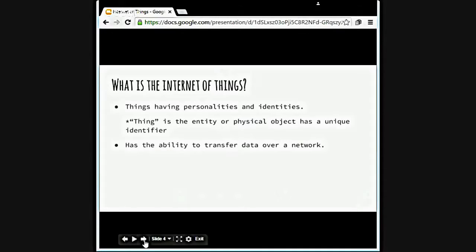Continuing, things having personalities and identities, like things able to communicate with us. So in a way, like a refrigerator will be able to say, oh, don't forget to pick up the groceries. In a way, just things having personalities to connect more with human life, and has the ability to transfer data over a network.